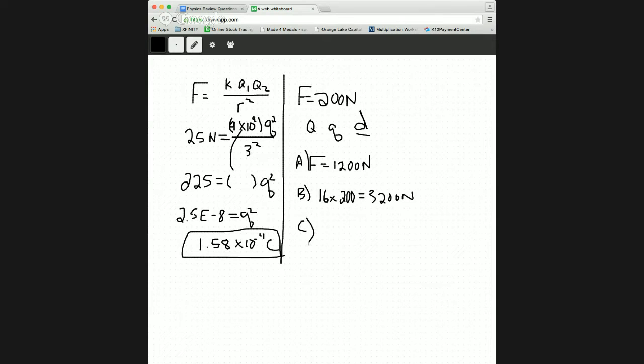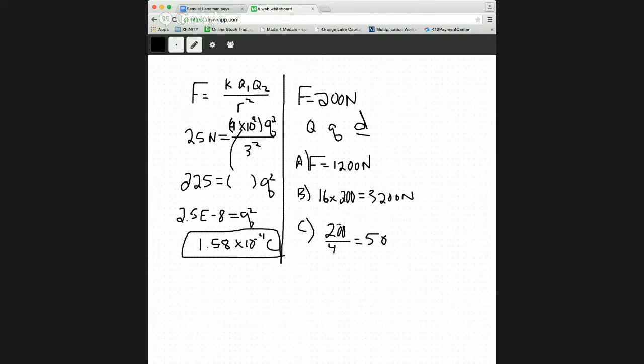And then part C, if little q were cut into a third and big Q were doubled and D were doubled. So here we got a couple of things to deal with. If D's doubled, let's do that one first. If D is doubled, the force is going to go down by 4. So we're from 200 and we're going to divide that by 4. We're at 50.